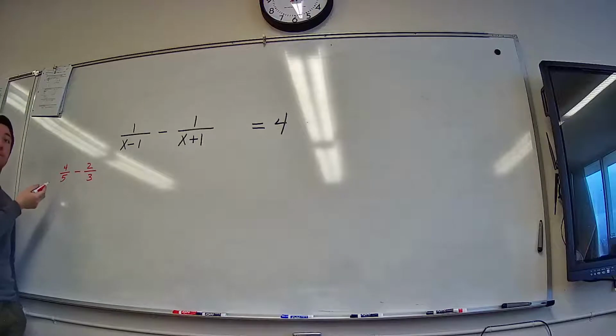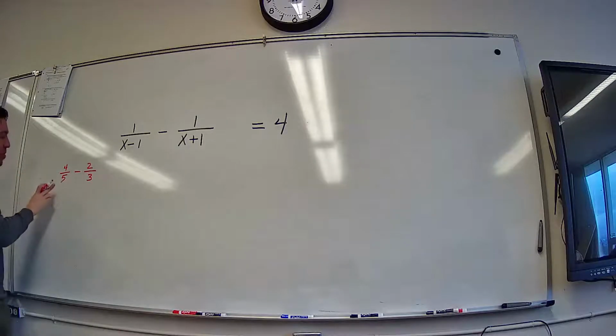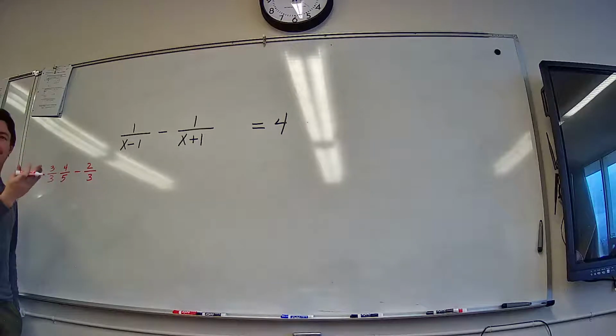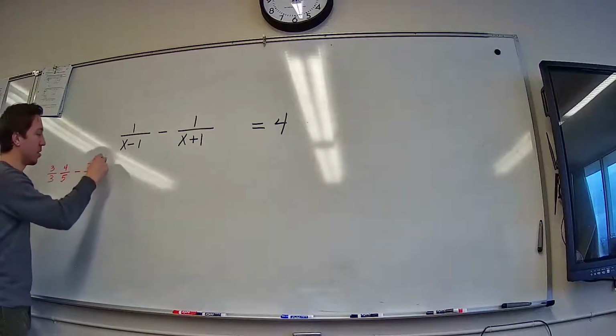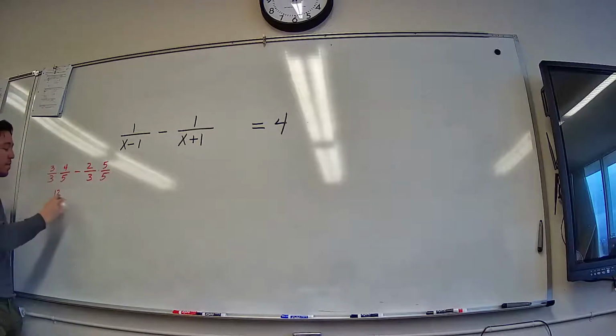You would multiply 5 by 3 and 3 by 5. And if you want to be really precise, technically what I'm doing is multiplying this number by 1, written in a clever way, because 3 over 3 is just 1. Am I allowed to multiply this by 1 without changing the answer? Yeah, you can multiply things by 1. So this is a quick review of that technique. Then you'd go, okay, 3 times 4 is 12.